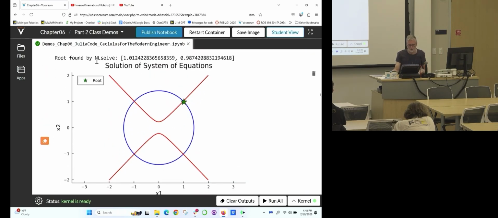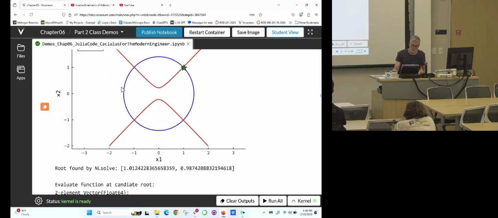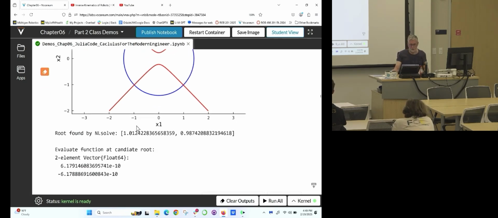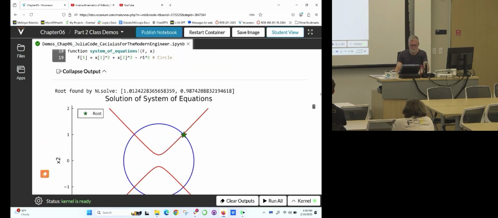And so what we're looking for are intersection points of the circle with the hyperbola. And if I had chosen my initial condition over here, it would likely converge to this point, etc. So this is the root found by NonlinearSolve.